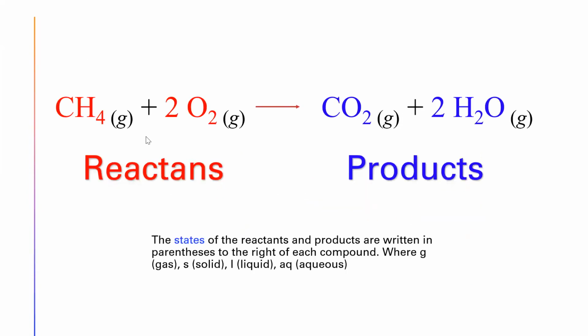Now, the left side we call reactants, and the right side we call products. In the parentheses are the states of the reactants and the products. G means gas, S means solid, L means liquid, and aq means aqueous.